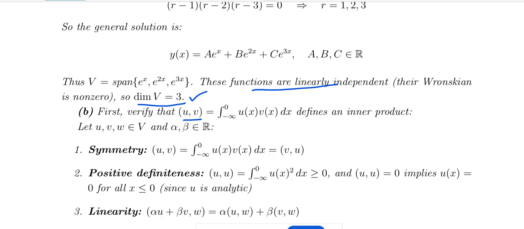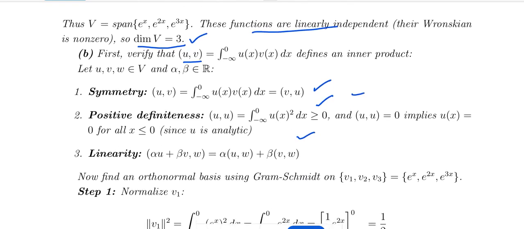And inner product of u comma v, when you find u of x, v of x over the integral limit minus infinity to 0, defines the inner product. So that is u comma v, and symmetry is true, positive definiteness is true, and linearity is true.